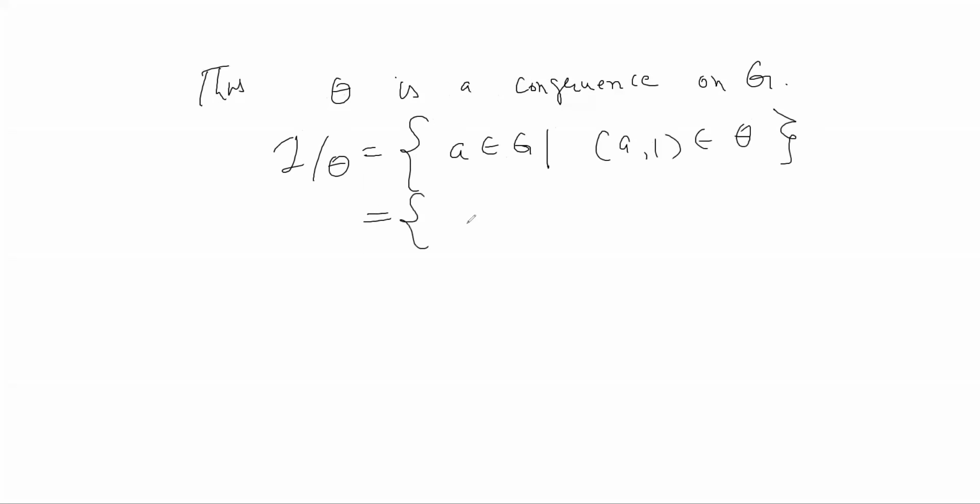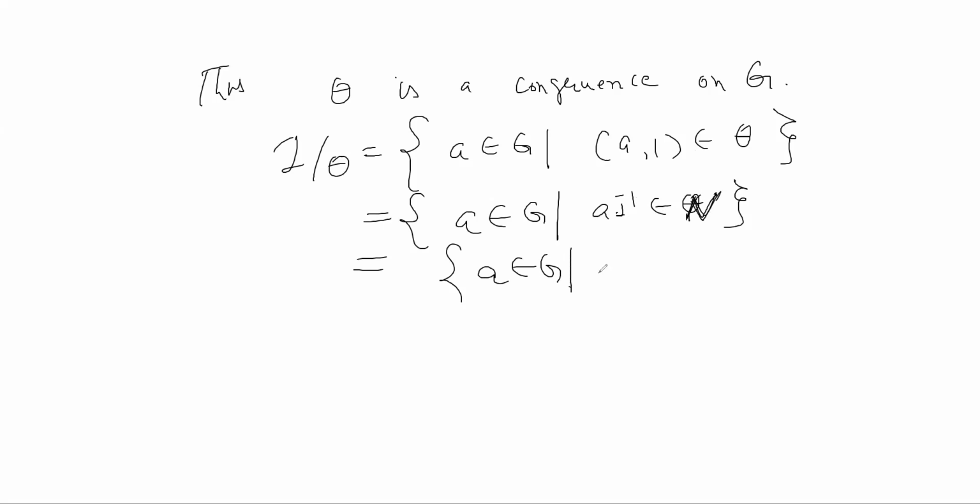By definition of theta, it is {a in G such that a1 inverse belongs to N}. So it is {a in G such that a belongs to N}, which is your N. So therefore there is a one-to-one, order preserving correspondence between congruences and normal subgroups in case of groups.